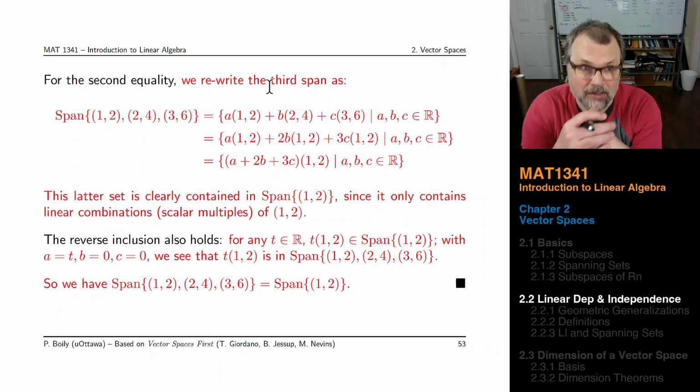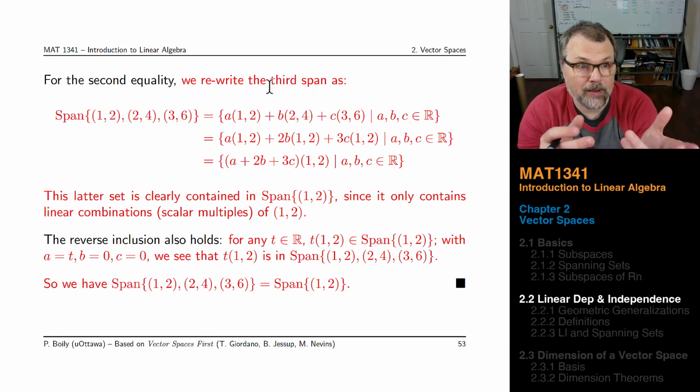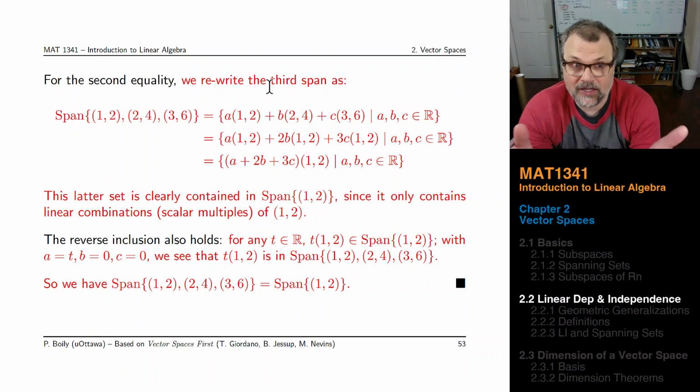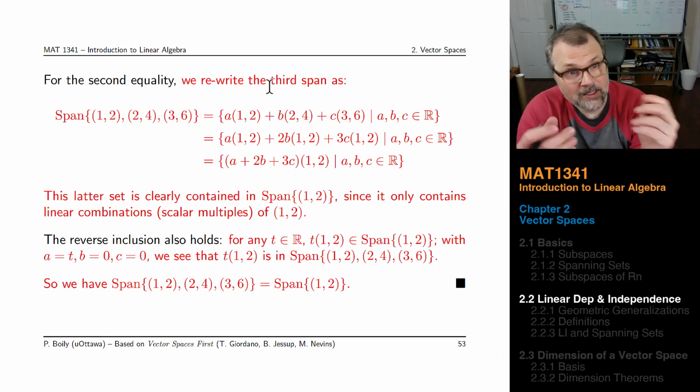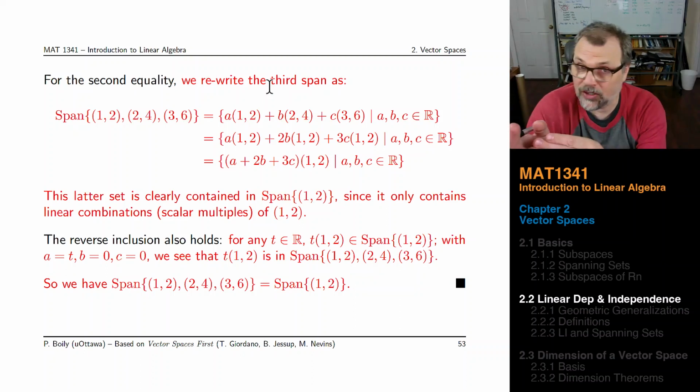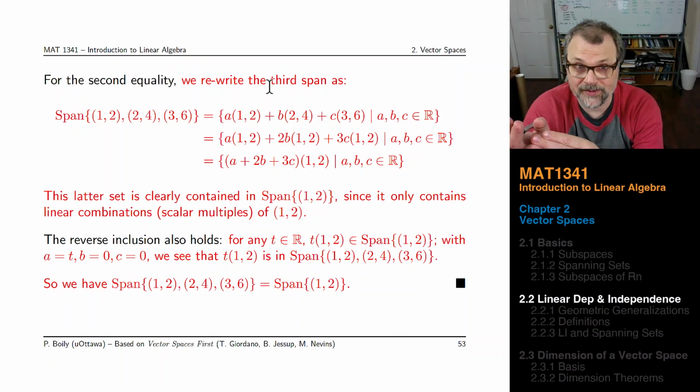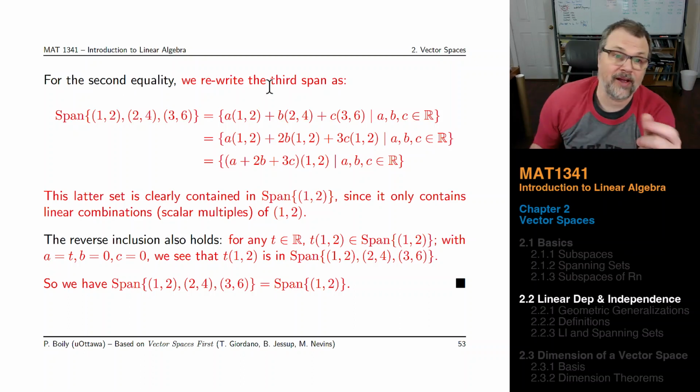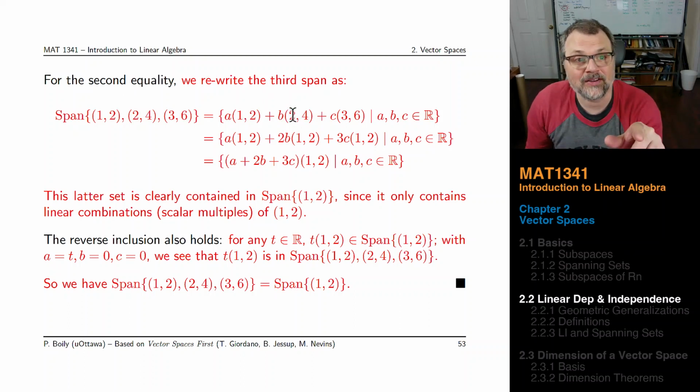For the second equality, you could rewrite the third span as a set of linear combinations, right? Combinations of (1,2), (2,4), (3,6). There's a different parameter in front of each of them, A, B, and C. And you can take out a common factor of 2 from the second vector and a common factor of 3 from the third vector.